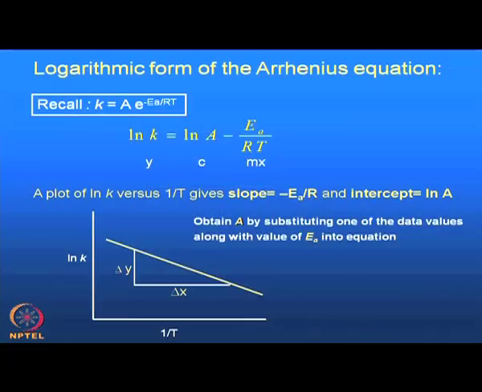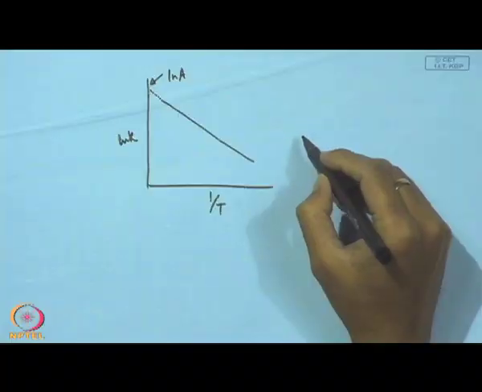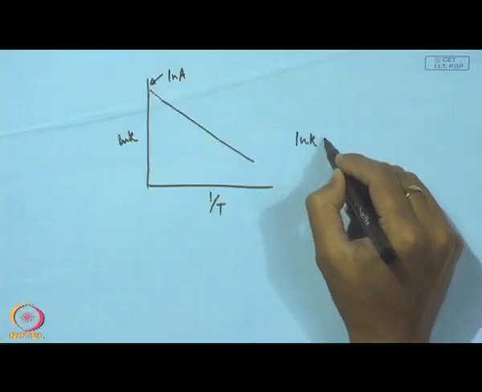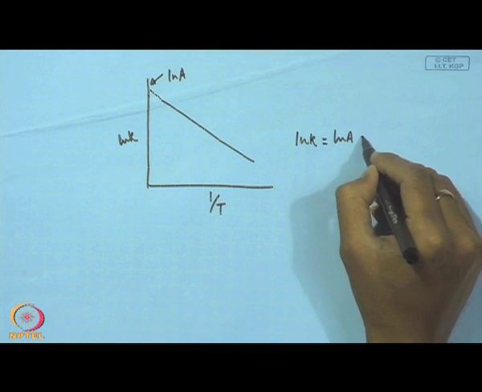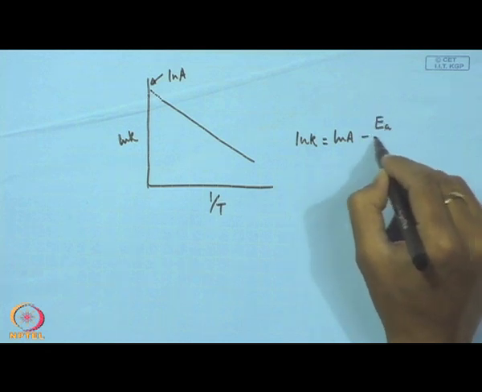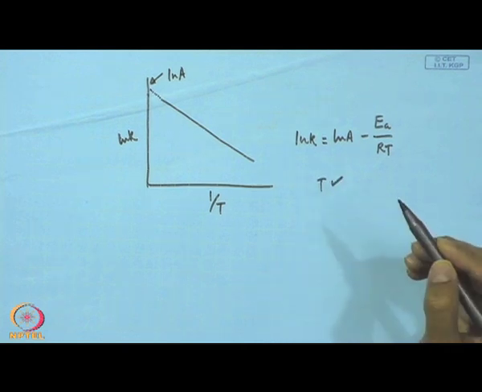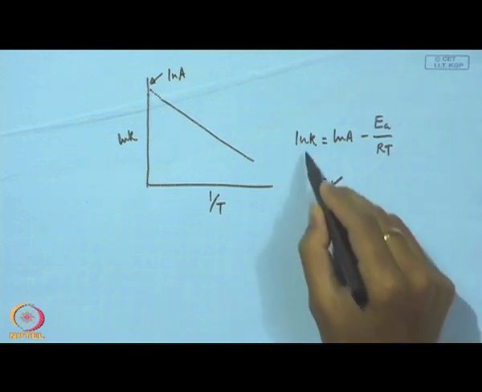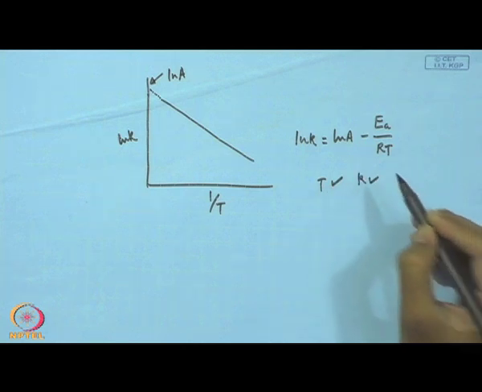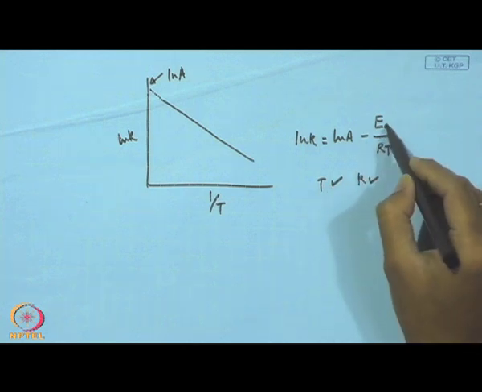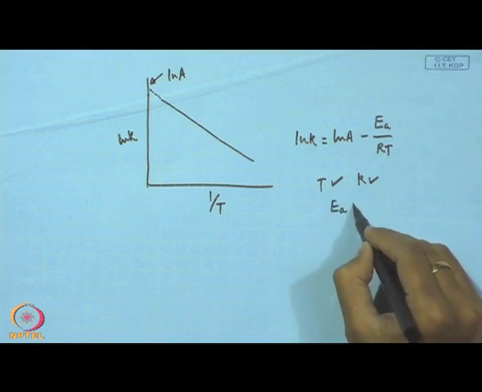Or maybe you can obtain A by substituting one of the data values along with the value of Ea into the equation. That is, in that case you have to take help of the equation itself, that is ln k is equal to ln A minus Ea by RT. Suppose we know the temperature, suppose at that temperature you know k, and also you have been able to find out Ea. So, Ea is known.